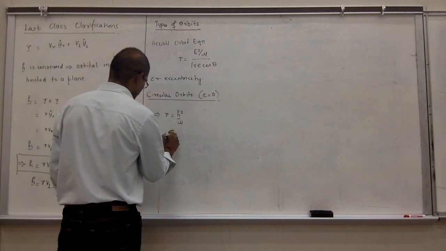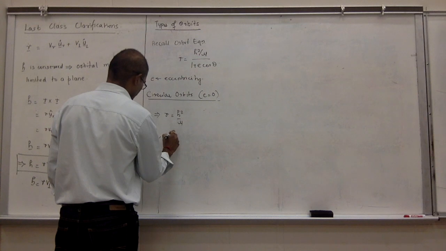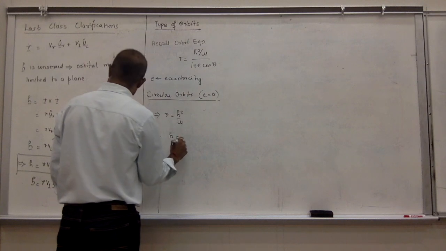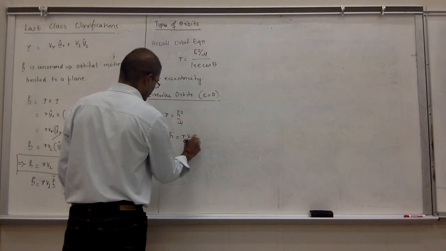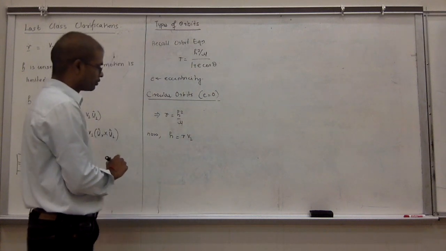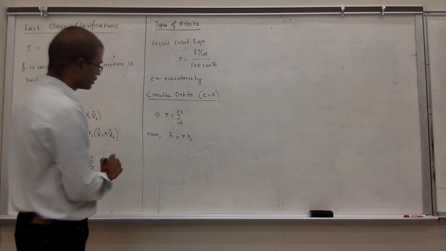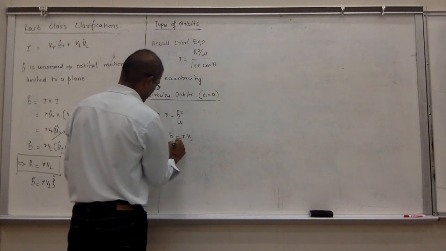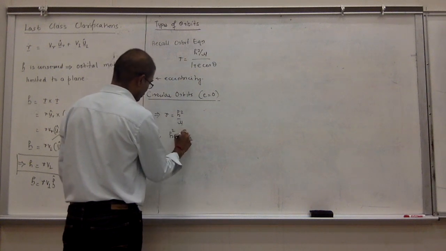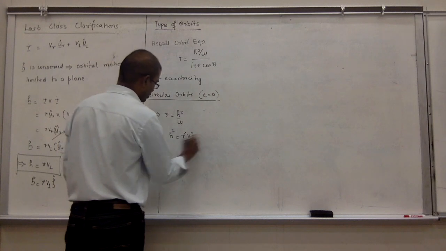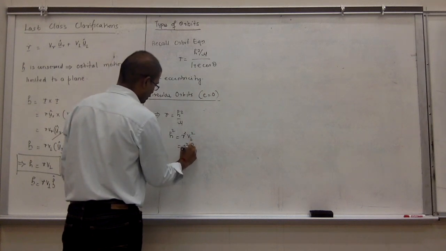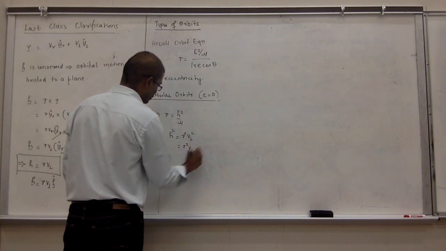So what? R cross V perpendicular, right? So H squared is R squared V perpendicular squared, or we can say R squared V circular squared.